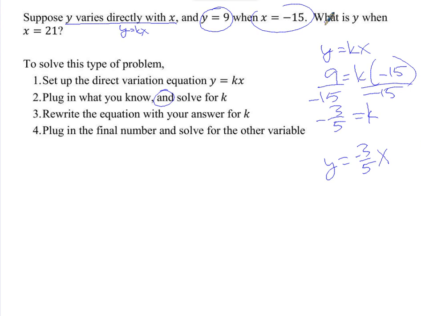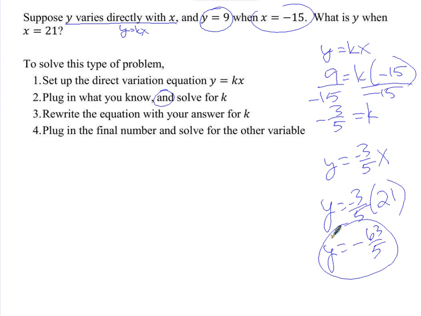So the final number in this case, they said, what is y when x equals 21? So that means that x is going to be 21 here. Y equals negative 3 over 5 times 21. Simplify that down. Y equals negative 3 times 21 is what? So you get negative 63/5. Does that reduce? Nope. So that's the answer.